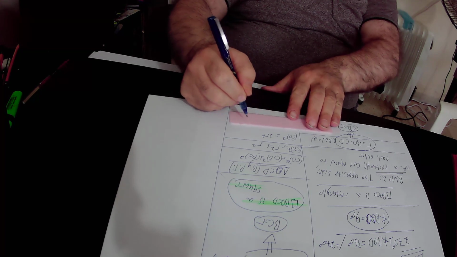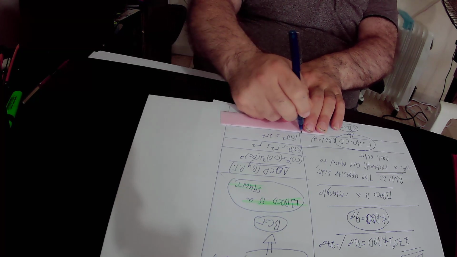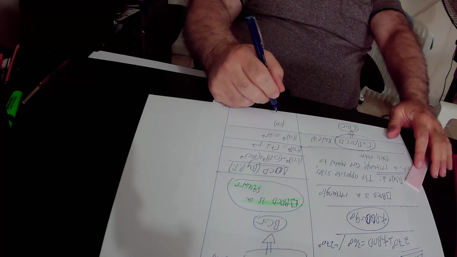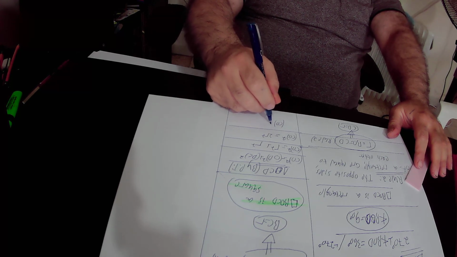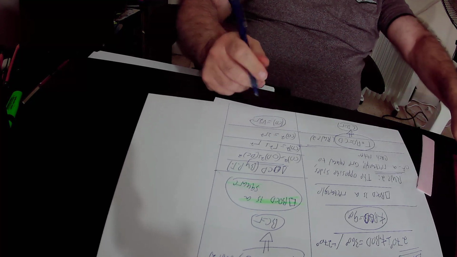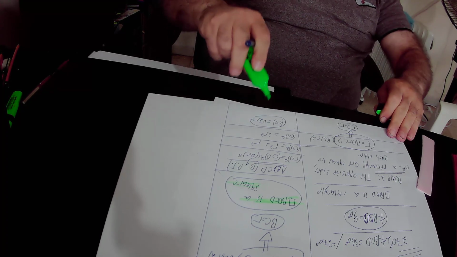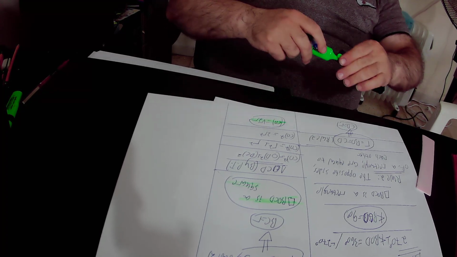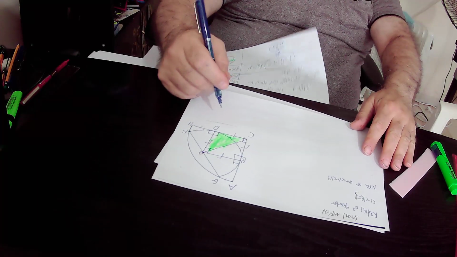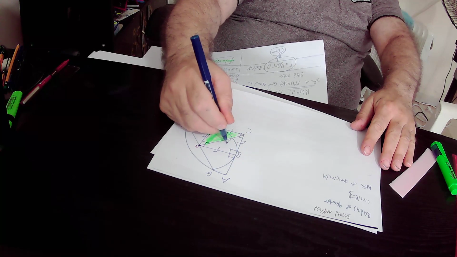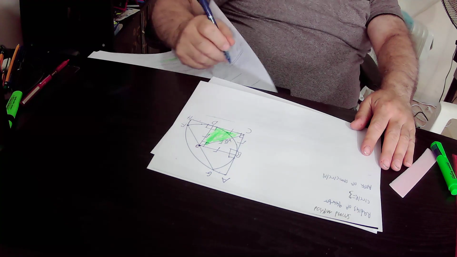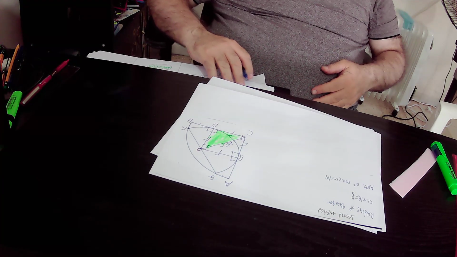Here we take a root of this equation and we get that the value of CO, that is the diagonal of square BOCD, is equal to square root of 2 times R. Okay, CO equals square root of 2 times R. R is the radius of the semicircle.